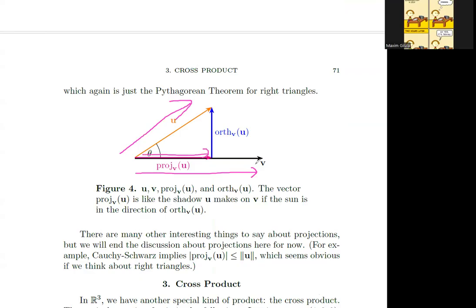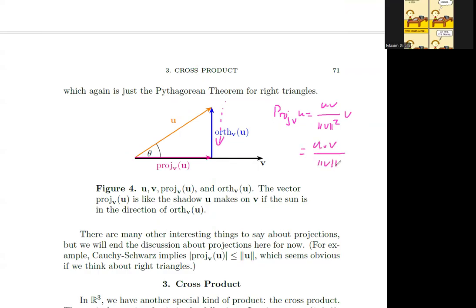And we have the projection, this one, which is just a shadow of U onto V. So we define the projection to be U dot V over magnitude V squared times V, which is the same thing as U dot V over magnitude V, times V over magnitude V, which gives it a direction and almost a magnitude.